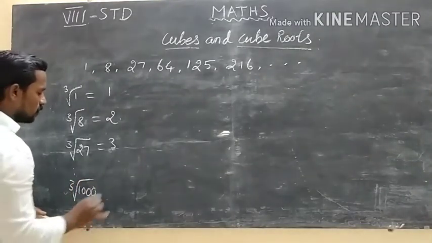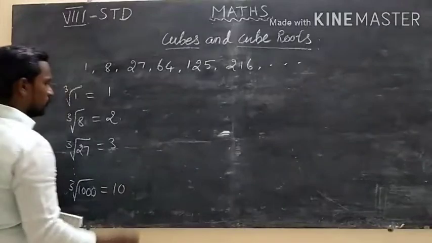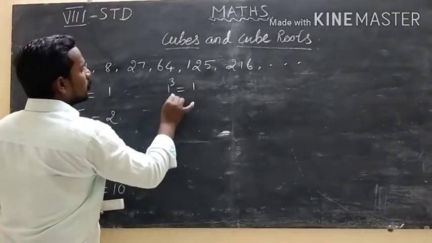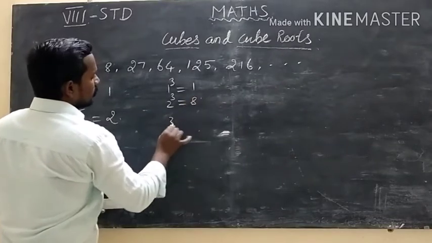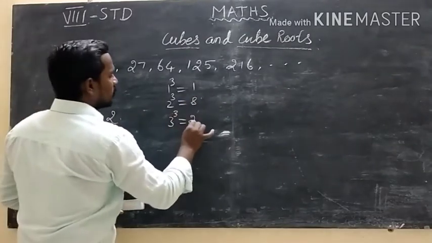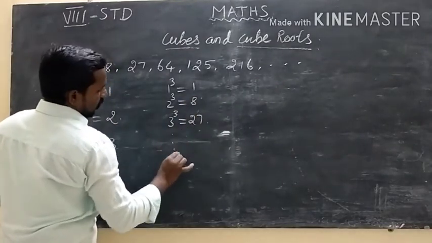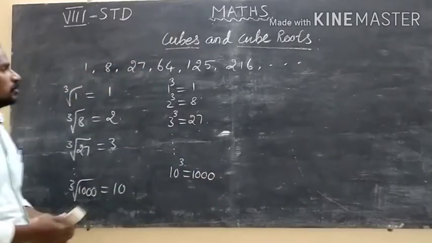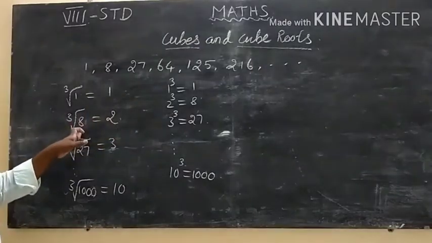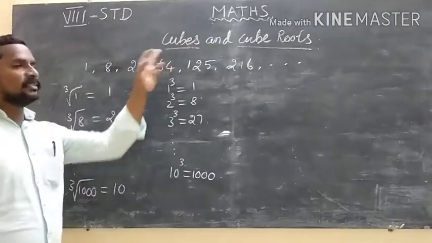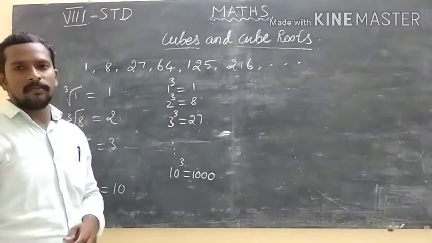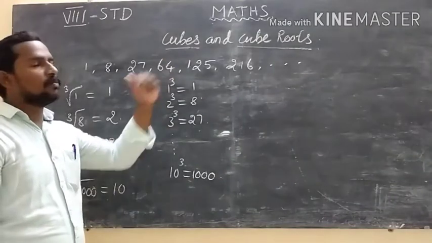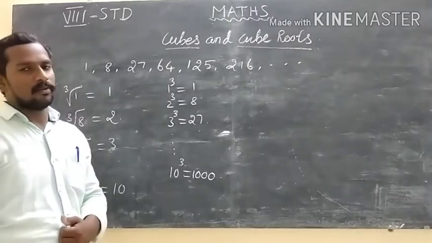Cube root of 1000 equals 10, since 1 cubed equals 1, 2 cubed equals 8, 3 cubed equals 27 and so on, and 10 cubed equals 1000. This is the inverse form of cube root. Cube means if a number is multiplied by itself and then itself again, the number is called a cube number. This is the definition. Have you understood?